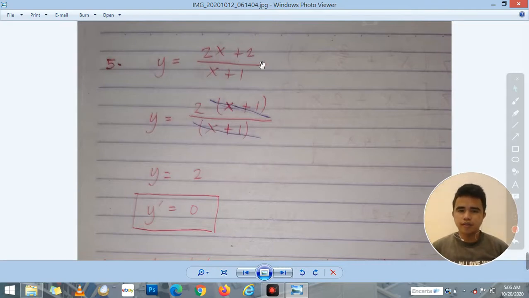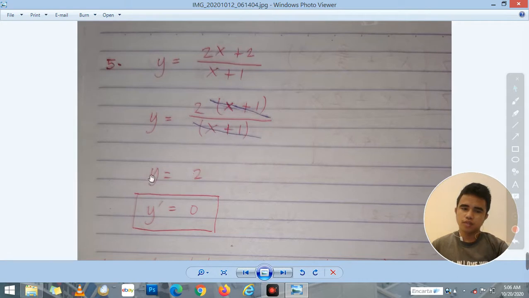The numerator can be extracted to 2, so we extract 2 from each term, then it will give us 2 times quantity x plus 1, and we have x plus 1 in our denominator, so we can cancel this x plus 1. Then the remaining value is 2.